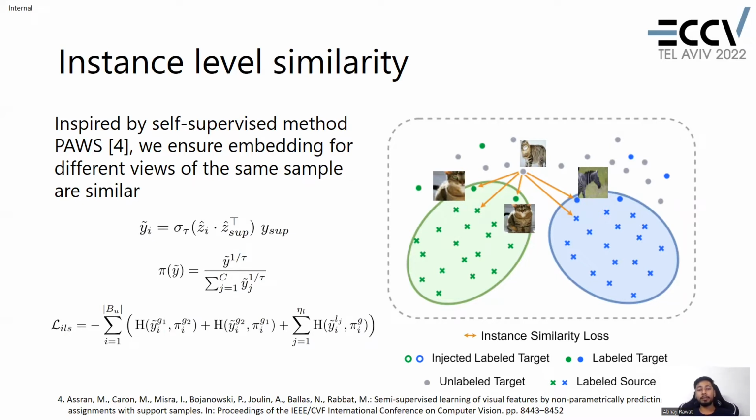The model is then supervised to minimize the cross entropy of its prediction of a sample with the soft pseudo-label. We include local as well as global views of the samples in order to learn a meaningful embedding space, similar to a popular self-supervised learning method called PAWS.